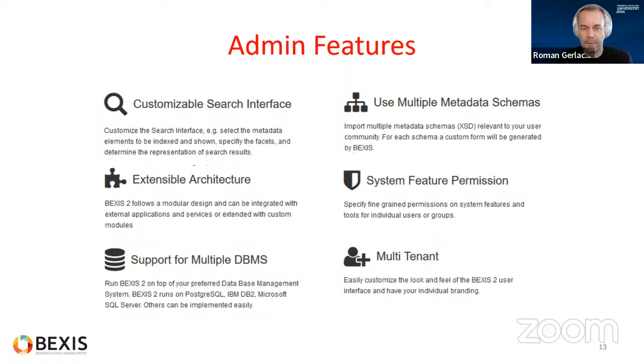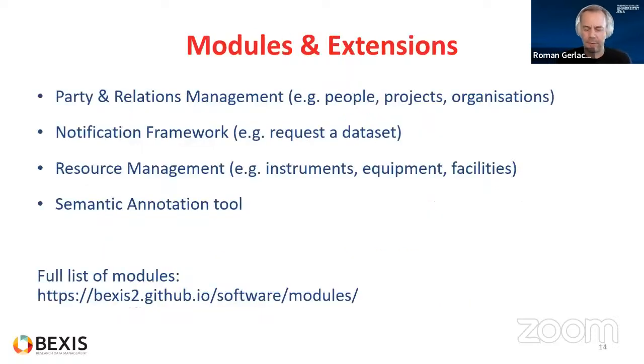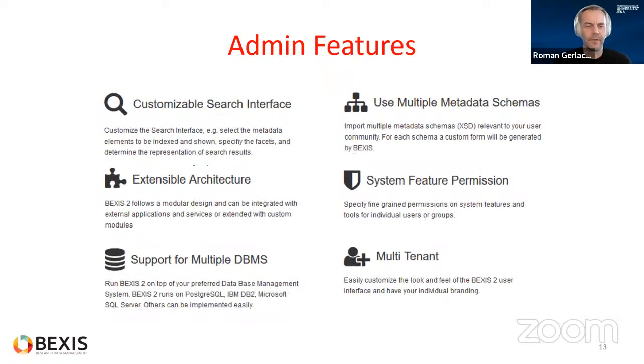We support multiple metadata schemas. I think I mentioned that already. So it's not only a single metadata schema that is supported within the system, you can have multiple metadata schemas at the same time and then search across them. Of course, that needs some mapping and some tweaking, so it's not automatic, but it can be configured.